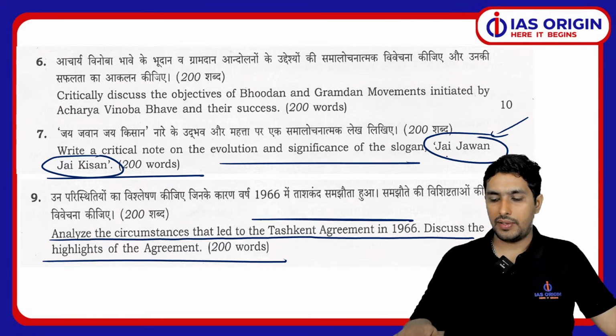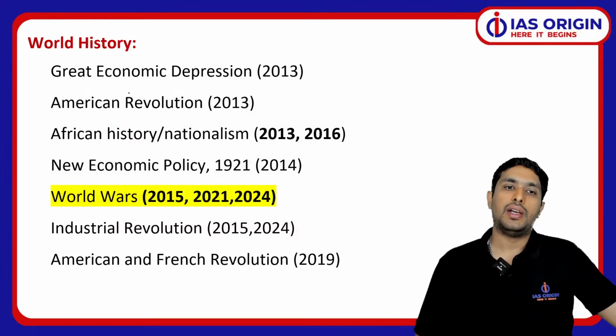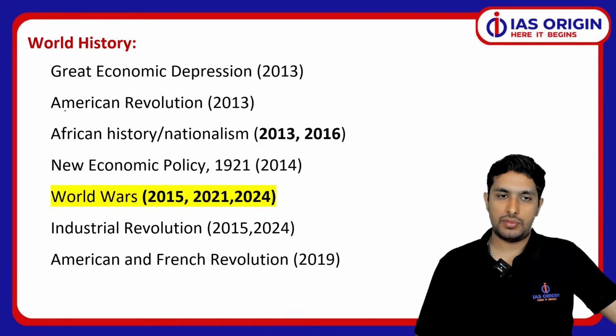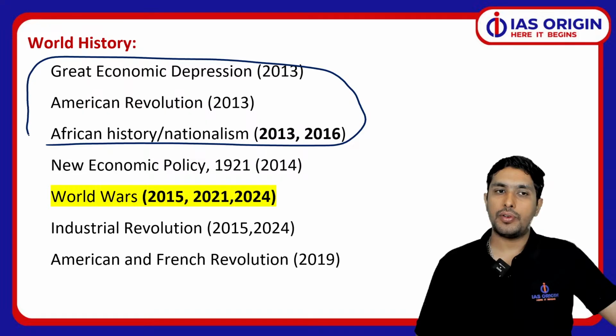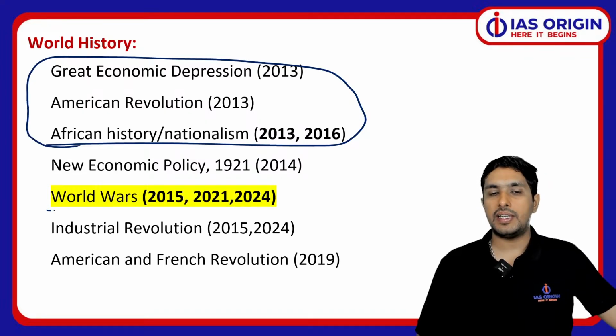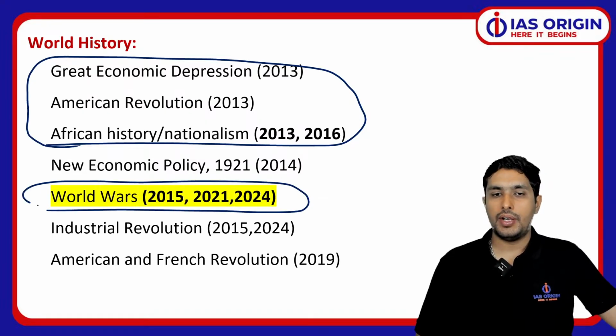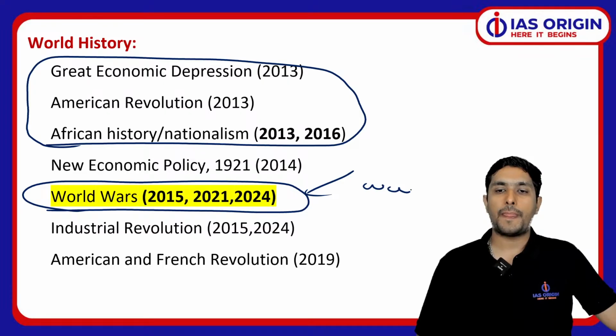Getting it? So anyways, now moving to world history, we have got questions in 2013, and later also we have got questions. There is a very much repeated theme which I have highlighted as well: world wars. So make sure you prepare World War I and World War II very properly.